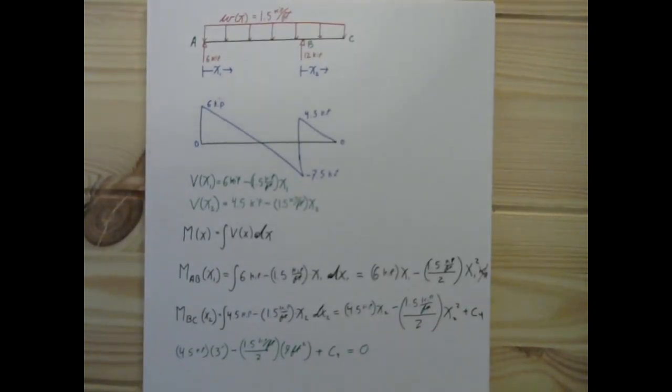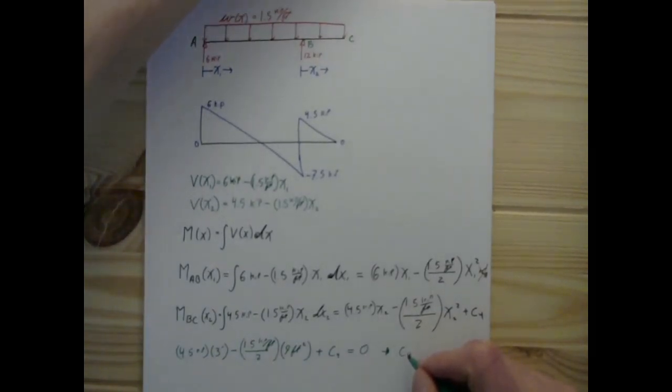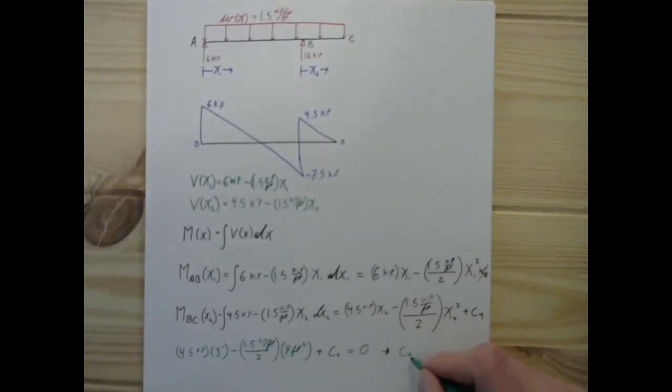That gives us that C4 is equal to negative 6.75 kip feet.